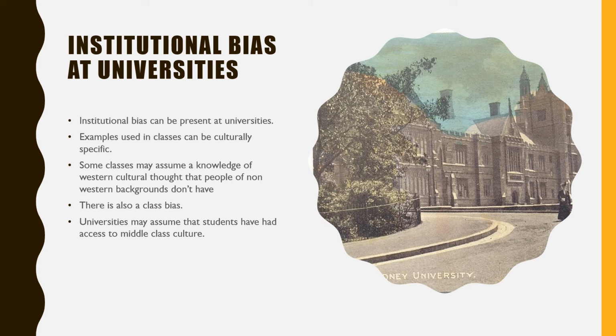Okay, universities make assumptions that you can do things and you may not always be able to do them or understand them. So you have to recognise that, and if you want to be successful at a university, you sort of have to adapt to that cultural bias. Ideally, you would challenge the cultural bias, but it's very hard to change an institutional bias, particularly if you're only one person.